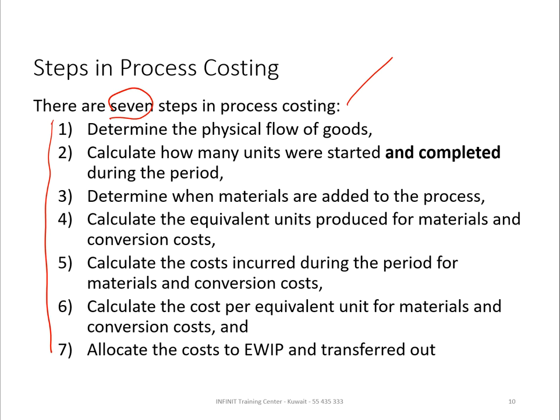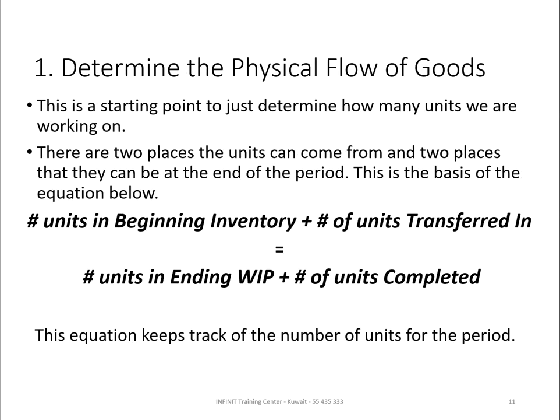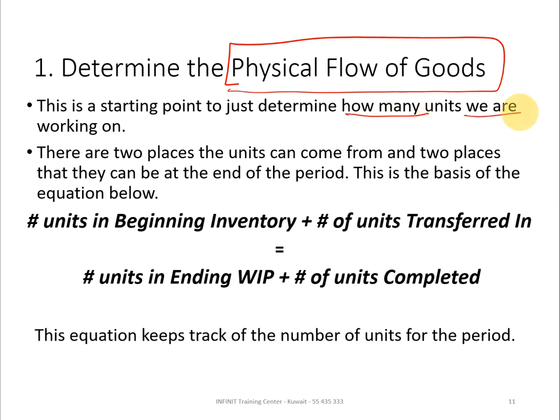First, we have to determine the physical flow of goods. So what is physical flow of goods? We are just determining how many units we are working on during this period. That is the physical flow of goods.